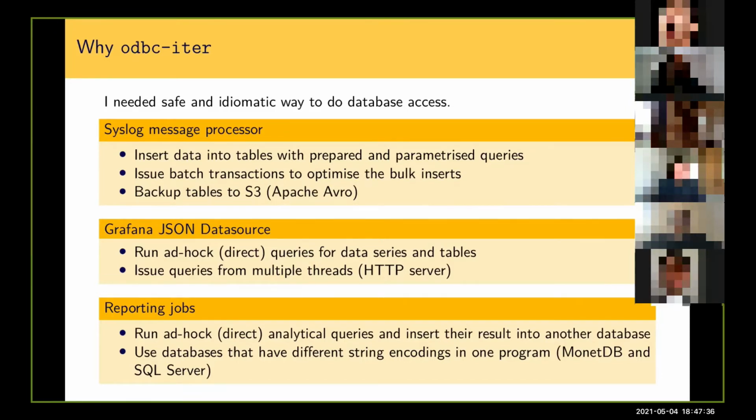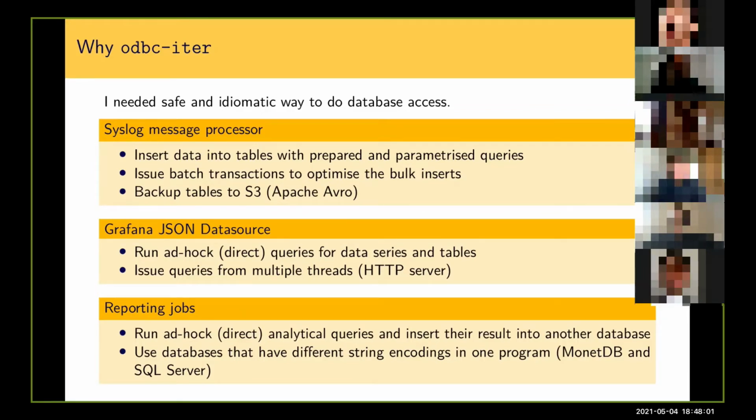In my case, it's either 1,000 rows or 1 second elapsed, whichever comes first. So it's still quite real time, up to 1 second, but doesn't make very short transactions.